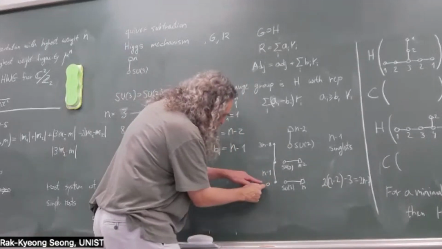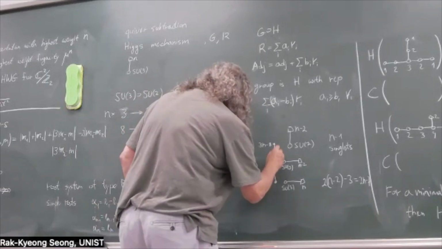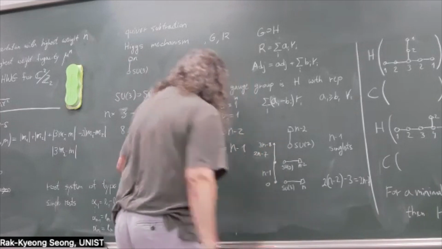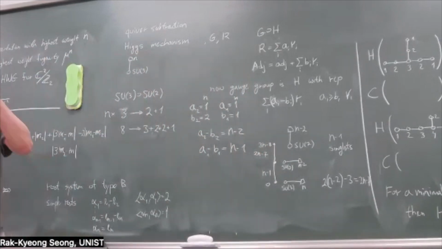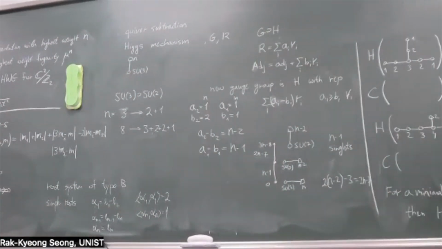This is 0, n minus 1. Therefore, this is n minus 1, and this is 2n minus 7. That's the 2n minus 2, minus 3 for the gauge group, and it's a Higgs mechanism. So 3 vectors become massive, and they take 3 hypers with them.